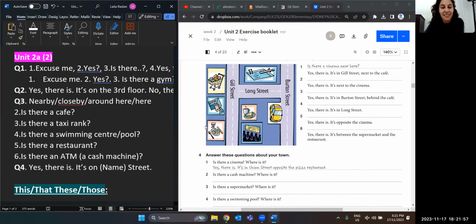Where is it? Yes, there is. It's on Gill Street, opposite or in front of, opposite the cinema, next to the ATM machine. Yeah, next to the ATM, opposite the cinema.